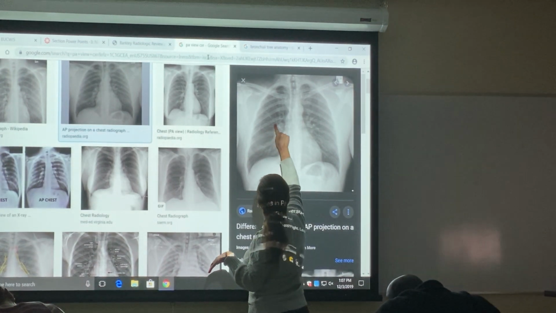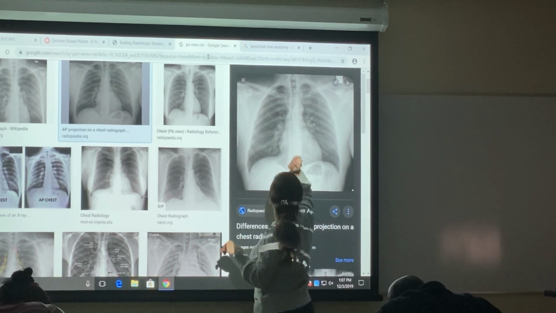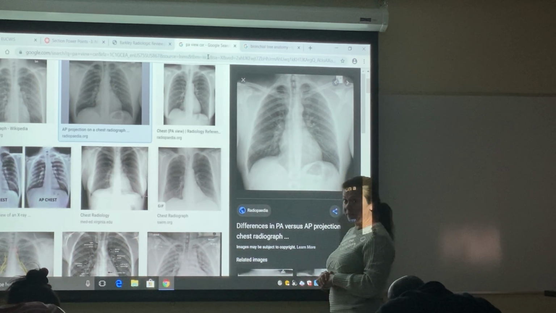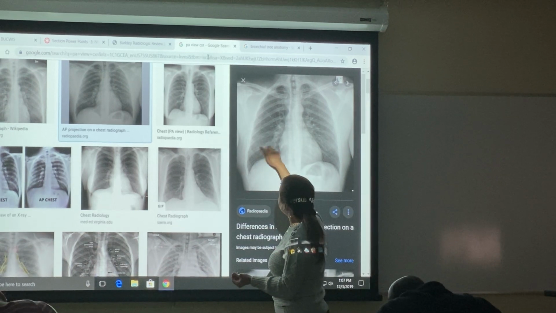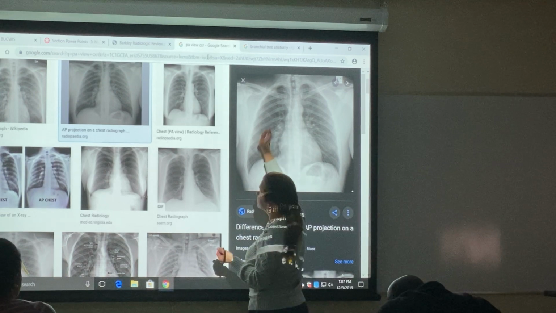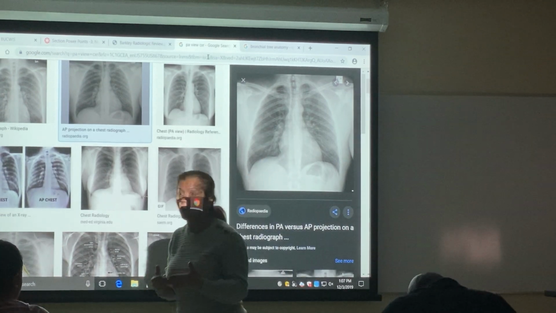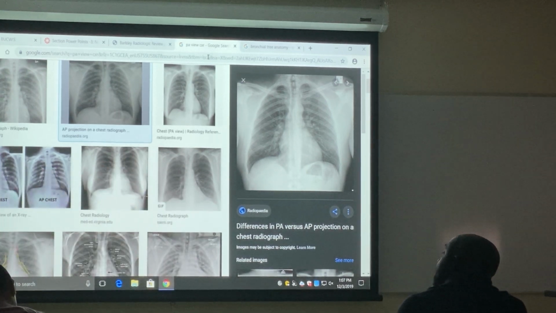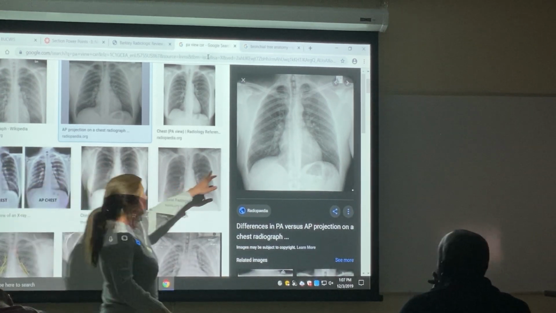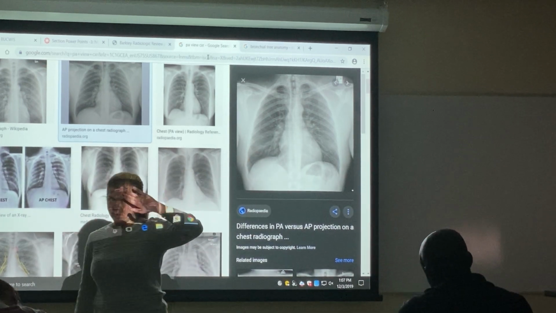Do you see what I'm pointing at? So those little lines must be all the way up to the top, okay? If you do not have that, and you look not only intercostally, but also in the border, because if at any point you have an area more hyperlucent or black compared to gray, pneumothorax, okay?